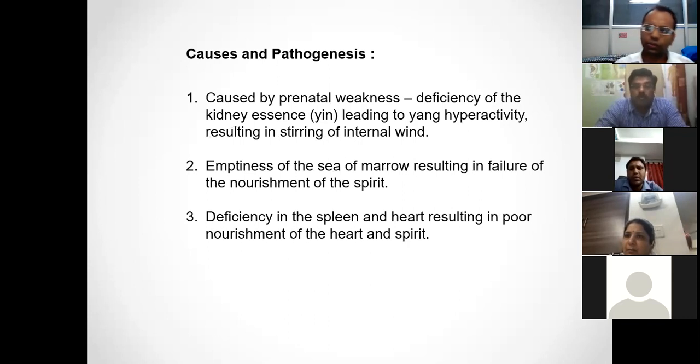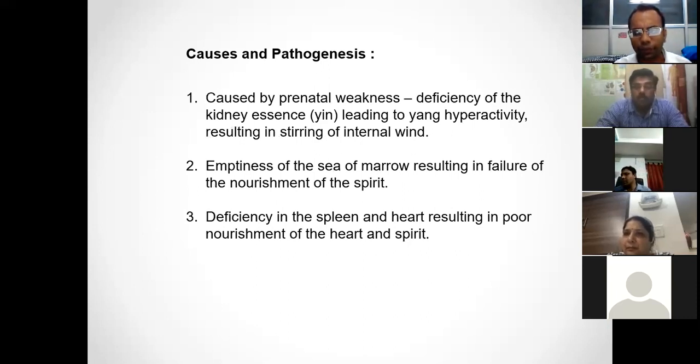So if Yin is down, the Yang is hyperactive. Yin controls the Yang, and Yang controls the Yin. So whenever Yin control is less in the kidney, Yang hyperactivity increases and it leads to stirring of internal wind.